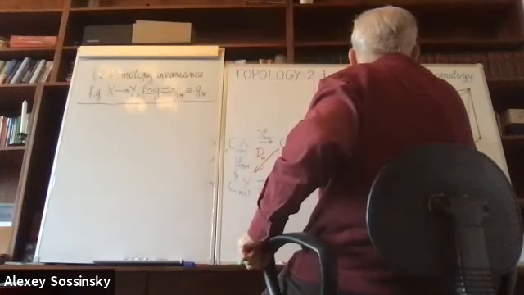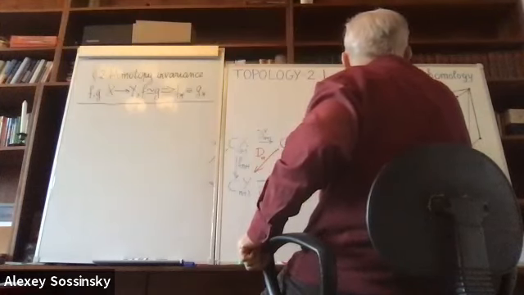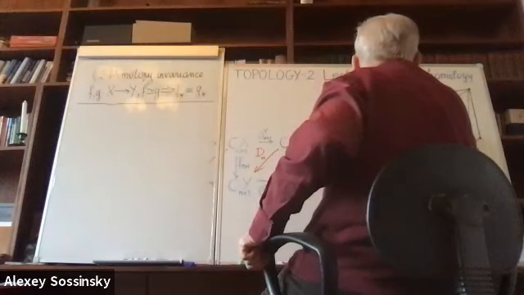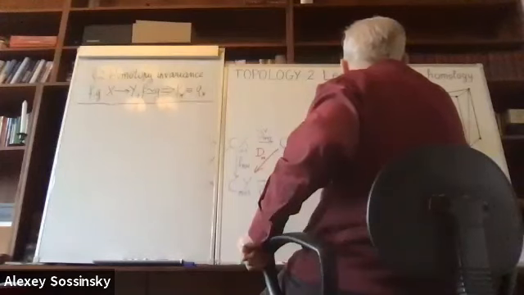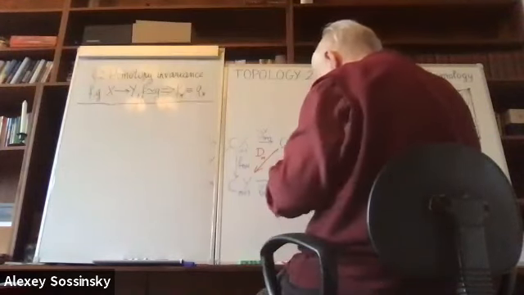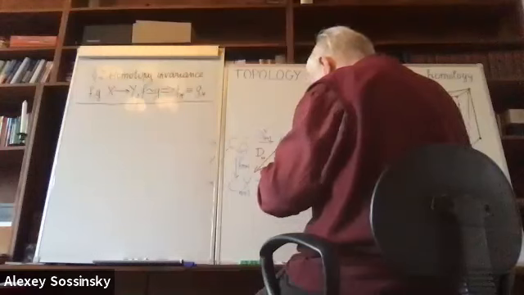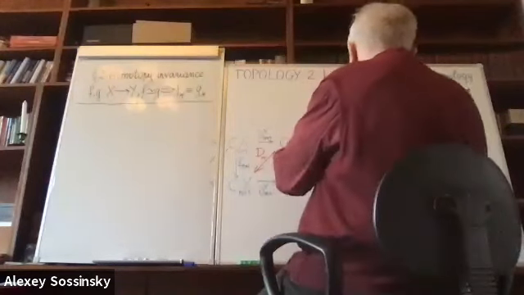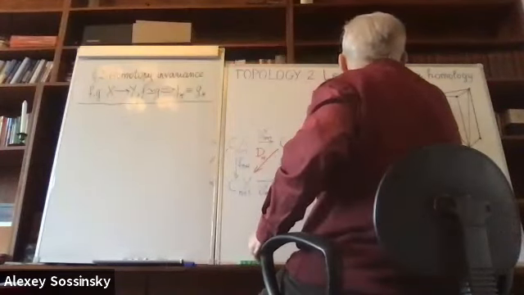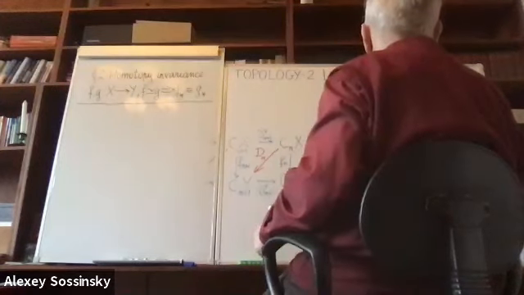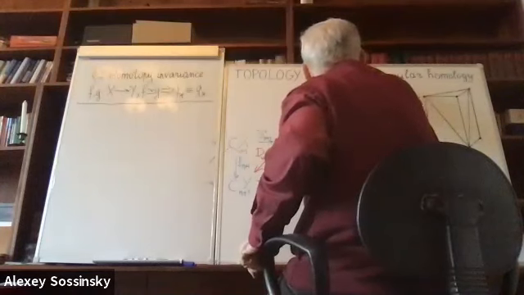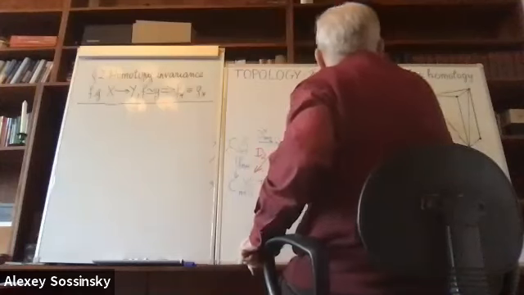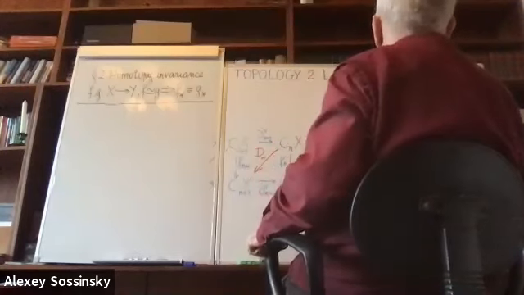We have our space Y down here. We have a map F. And here we have a singular simplex. Now, this singular simplex is actually a map of a geometric simplex to here.